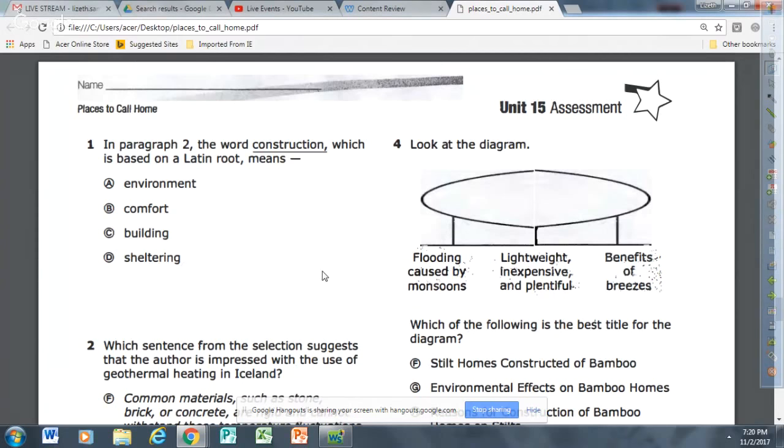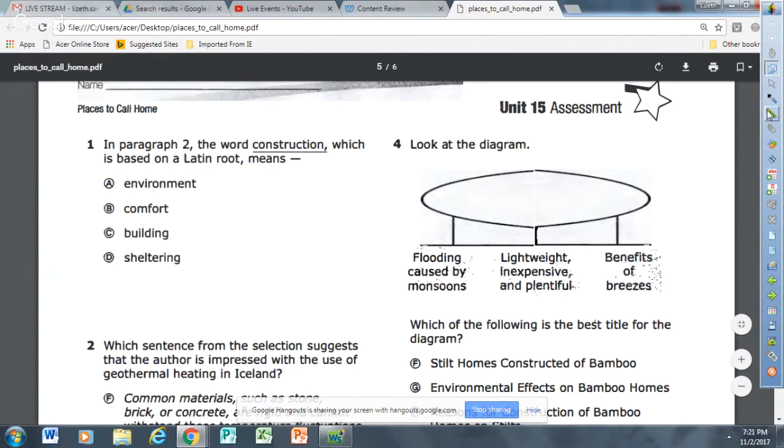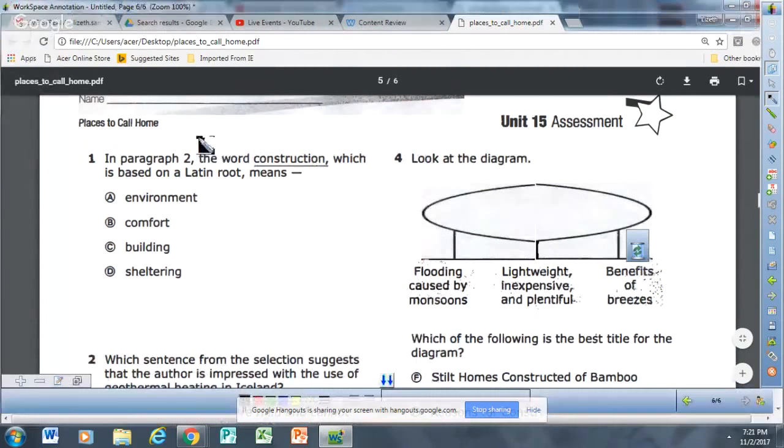So let's look at these 3 words. We have the word environment, the word comfort, the word building, and the word sheltering. I'm going to go back to paragraph 2. So of course you should have circled paragraph 2, construction, put a line here telling me what it's about.